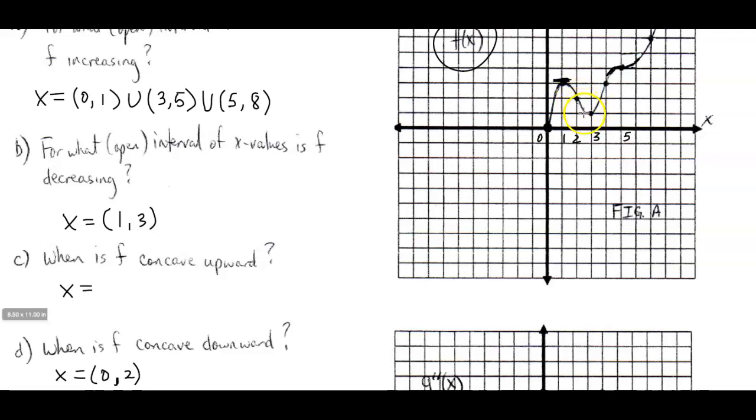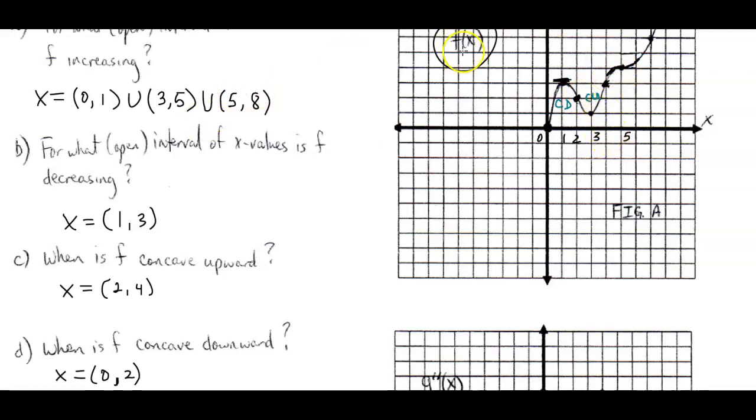And it's going to continue to be concave up until we get to x equals 4. So we say from 2 to 4. So from right here to right here, our function is going to be concave up. So we're saying concave down here, and from here to here is concave up.